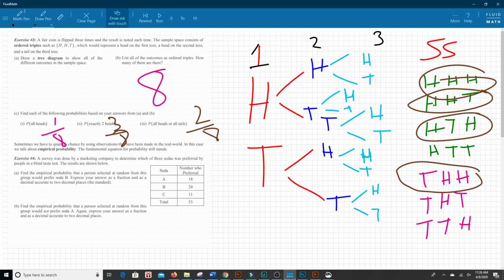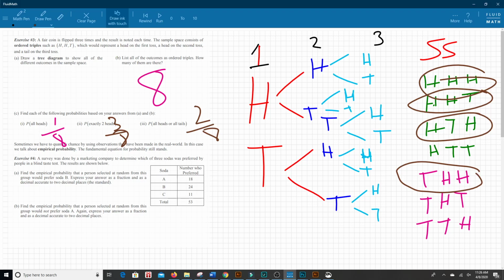Find the empirical probability that the person selected at random from this group would prefer soda B. Express your answer as a fraction and as a decimal accurate to 2 decimal places.